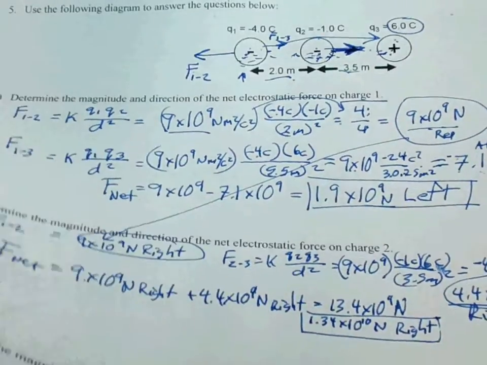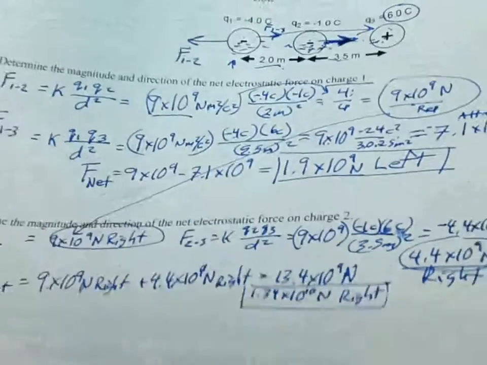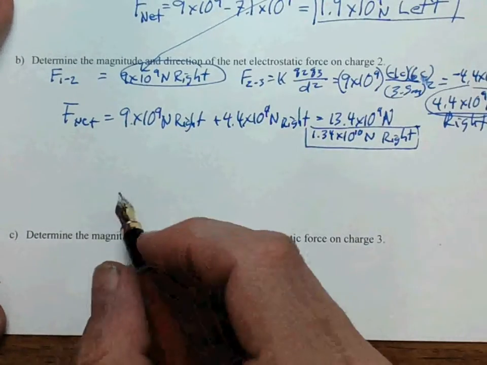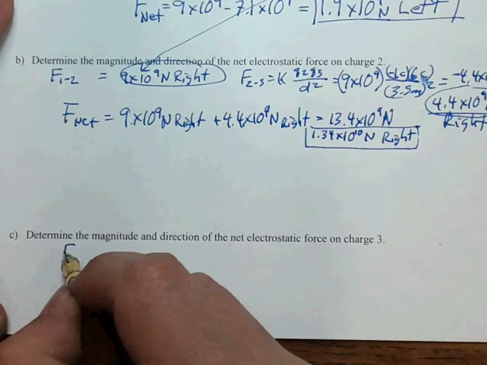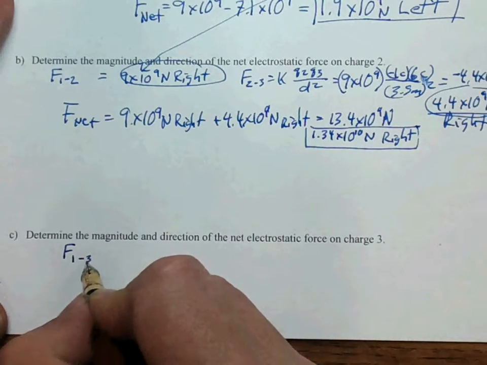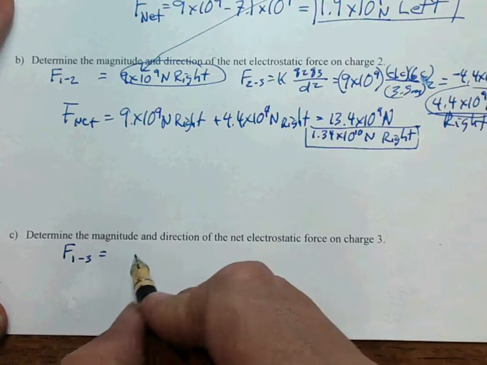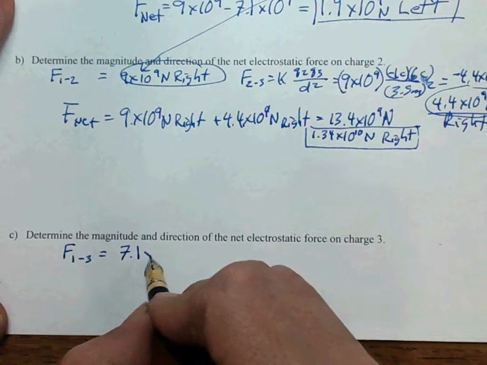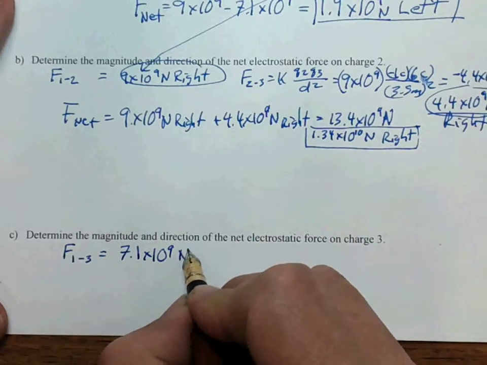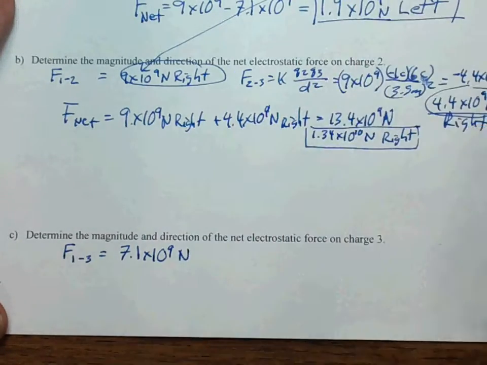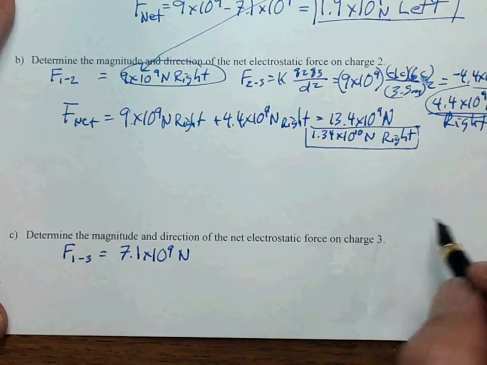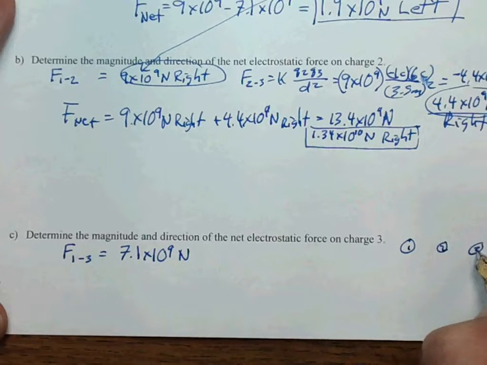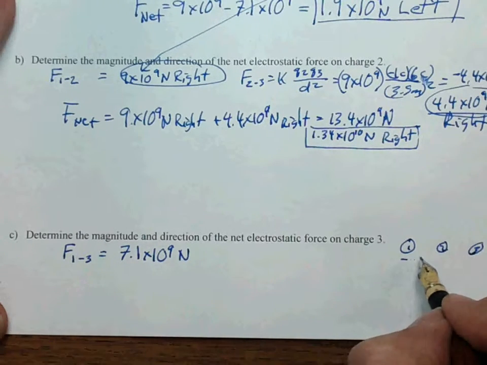The last part, part C, I'm going to take this and move it up if I can. And let's look at C. We already have found the force between 1 and 3 in A. And that force between 1 and 3 was 7.1 times 10 to the 9th newtons. This was an attractive force between 1 and 3. Remember that we had 1, 2, and 3, which were negative, negative, and positive.